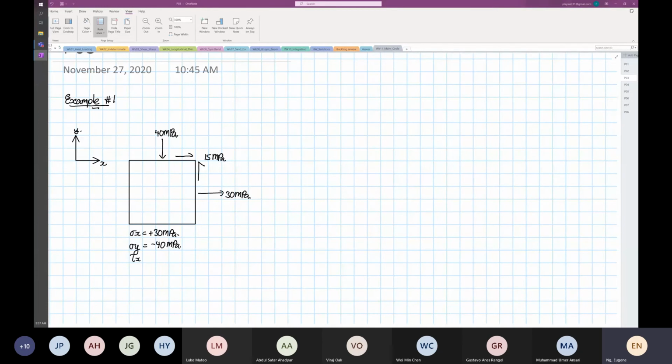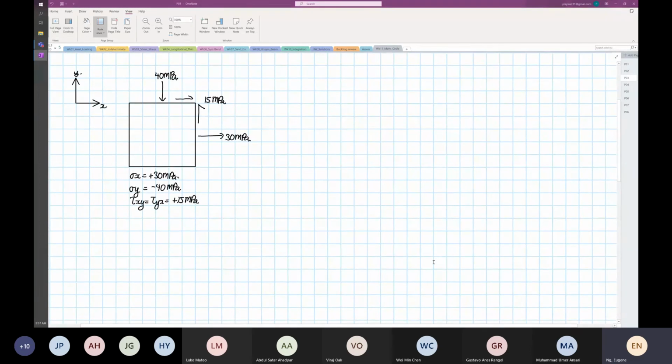The shear XY is equal to shear YX is equal to positive 15 megapascal. In terms of shear, the positive 15 means nothing, because it is all dependent on the element rotation, either in the clockwise direction or the counterclockwise direction. So it does not really matter whether it's positive or negative shear.